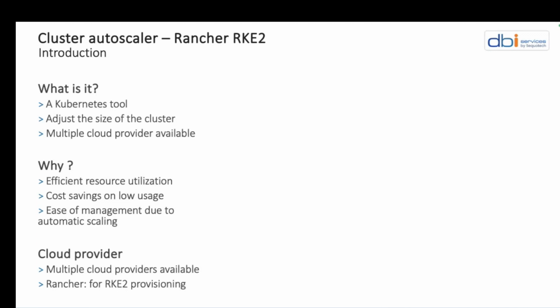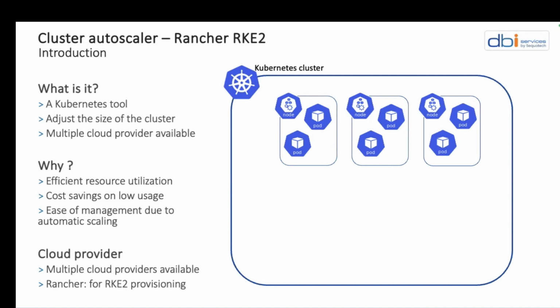The cluster autoscaler can be used with various cloud providers. One is Rancher for RKE2 provisioning. And you can also use it for AKS, and probably a lot of other known ones. So how does it work? For example, here we have a Kubernetes cluster with 3 worker nodes that are full of pods. If we start a new pod, the pod is unschedulable because there are no resources available in the cluster.